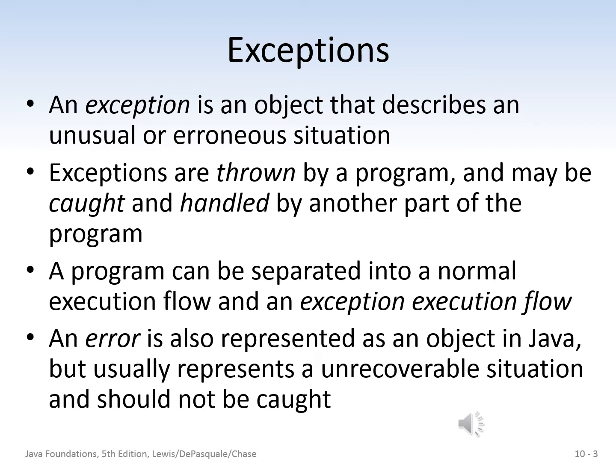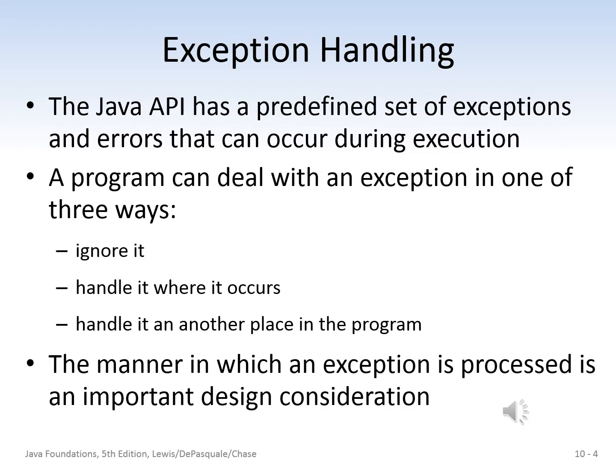In Java, an error is represented as, you might have guessed, an object, but it typically represents a situation that's unrecoverable and shouldn't be dealt with in the normal execution flow. The Java API has a predefined set of exceptions and errors that can and most likely will occur during execution at some point in your experience here.